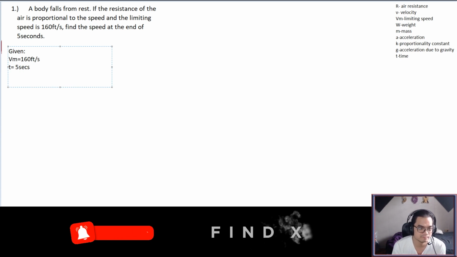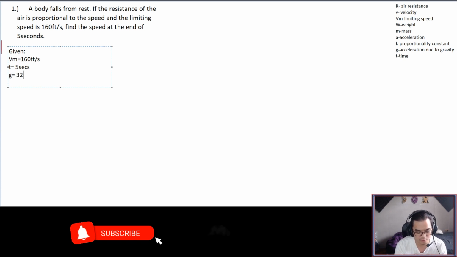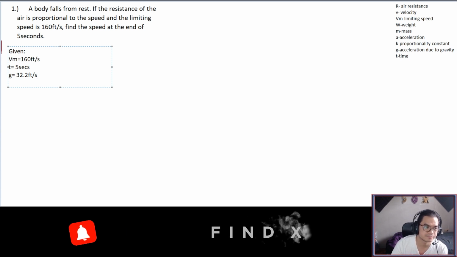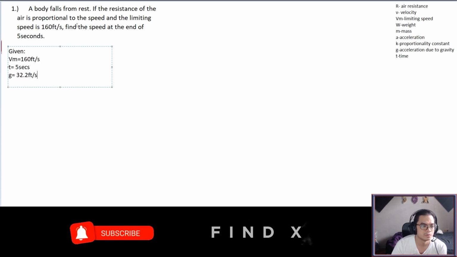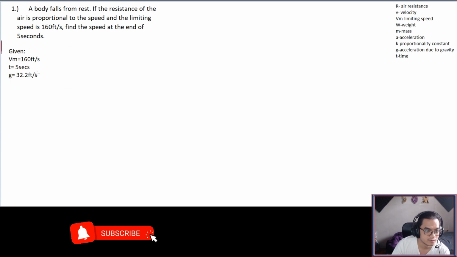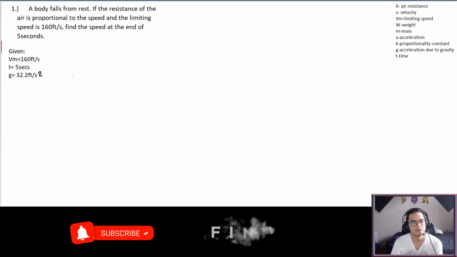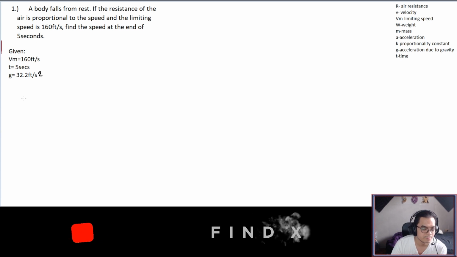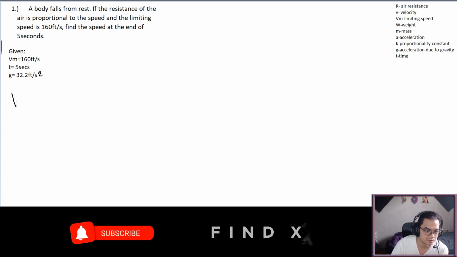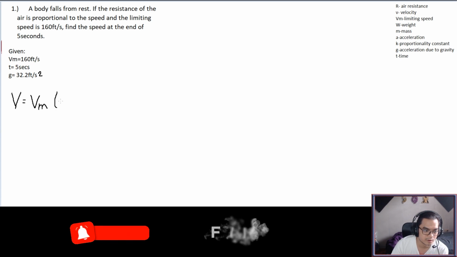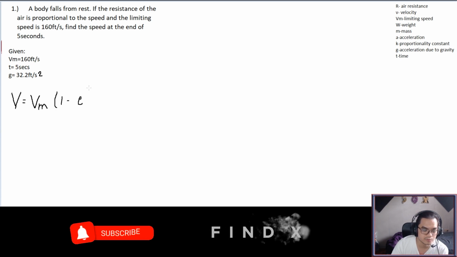I think that's it. Okay, so if we will be using 160 feet per second, remember that g must be equal to 32.2 feet per second squared. Now, remember the formula that we'll be using is v must be equal to vm times 1 minus e raised to negative g t over vm.